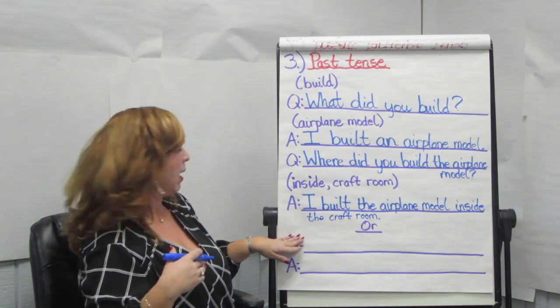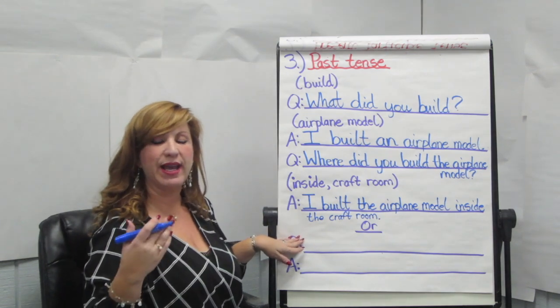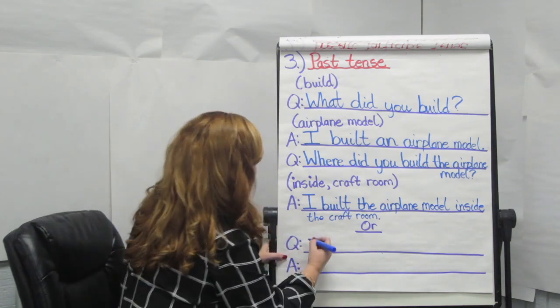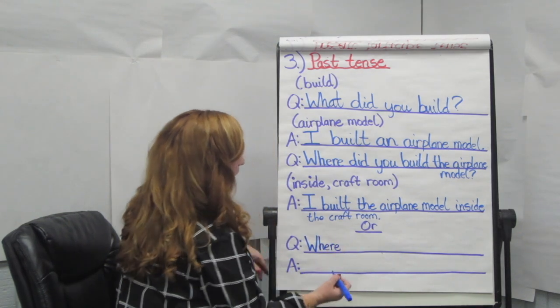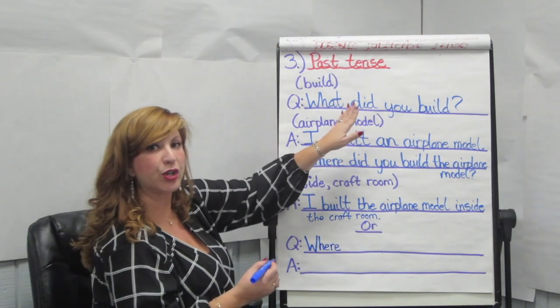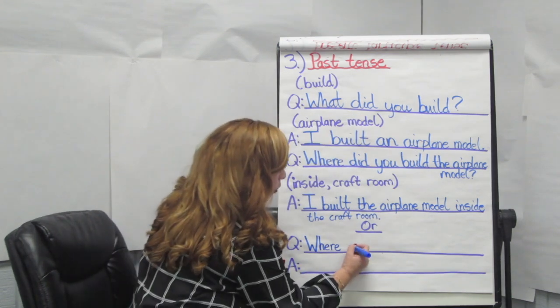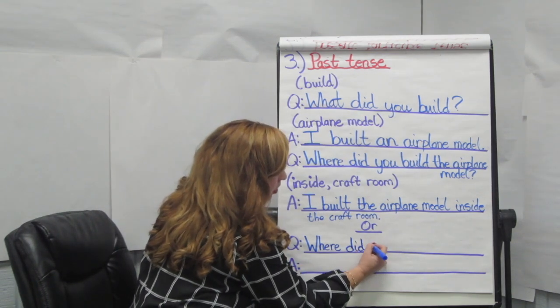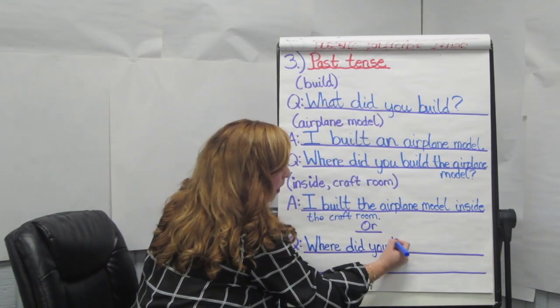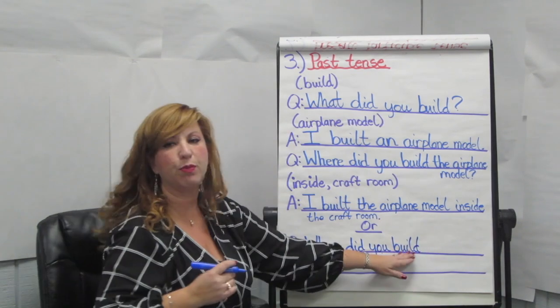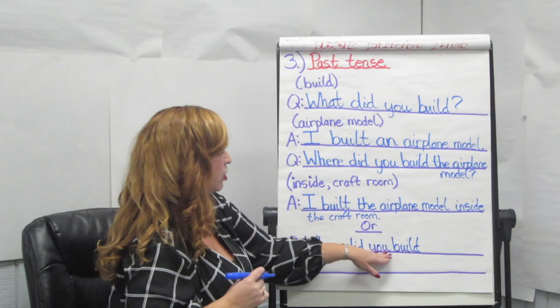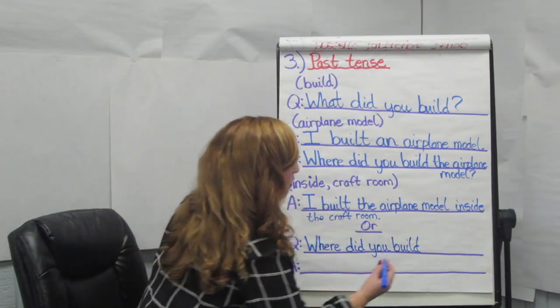So now my question is going to begin with where. Where, again, it's still past tense. We're going to use the helping verb did. Where did you build? Remember, the verb is still in the present tense. Where did you build the airplane model?